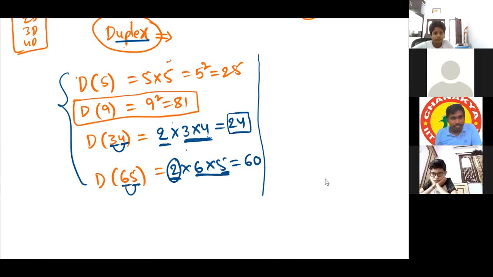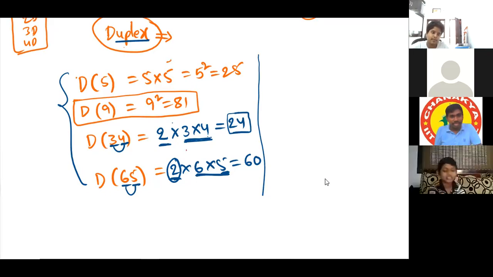Aditi, tell me. Sir, it is a 3-digit number, 100. So how will we do that? 100 is a triple digit, right? Let me explain triple digit also, and then we'll see for 100. Tell me what is the duplex of 30?